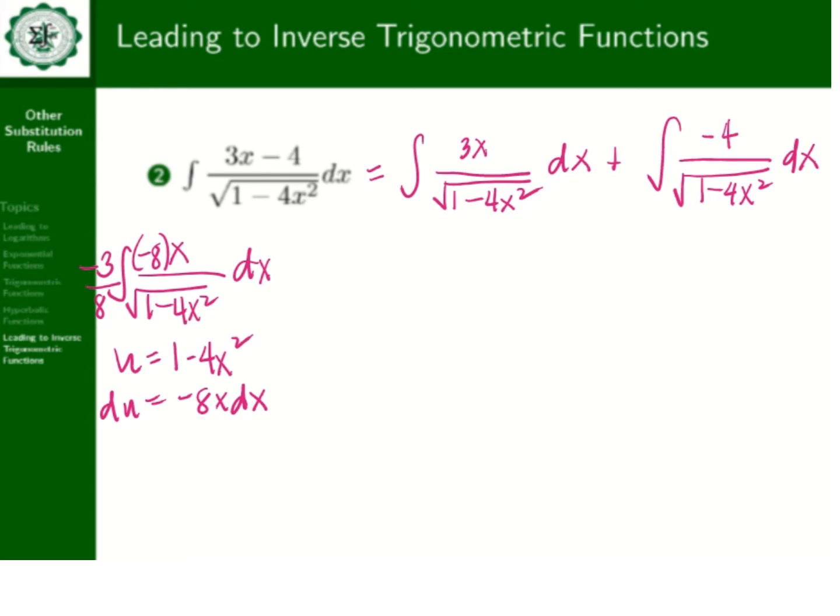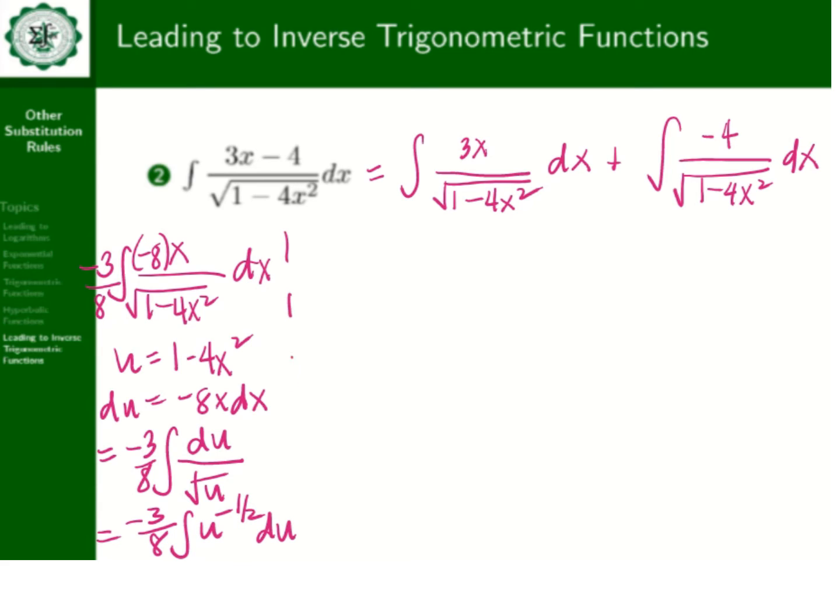If we show the substitution, negative 3 over 8 times negative 8x dx will become du. For the denominator, we will have the square root of u, which is equivalent to the integral of u raised to negative 1/2 du. Continuing, the answer will be negative 3 over 8. Using the power rule, u raised to negative 1/2 plus 1 is u raised to 1/2 over 1/2.